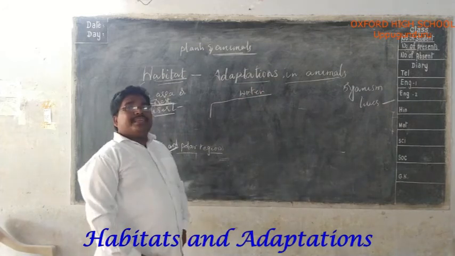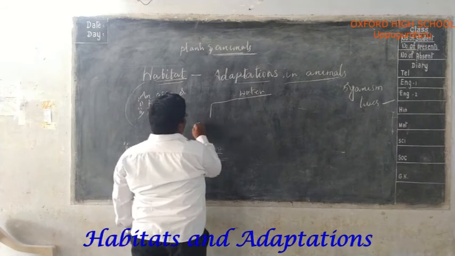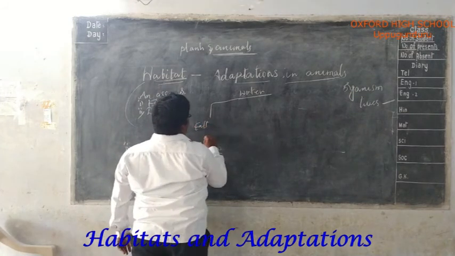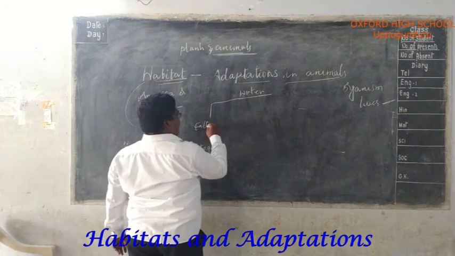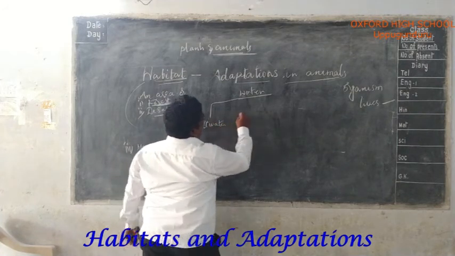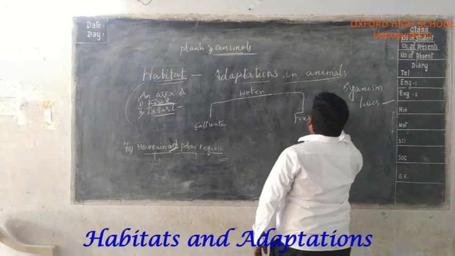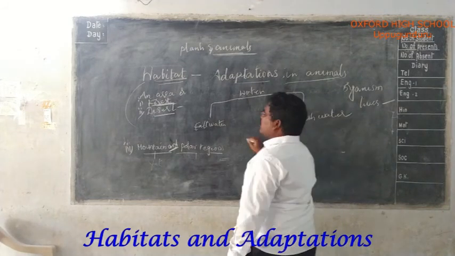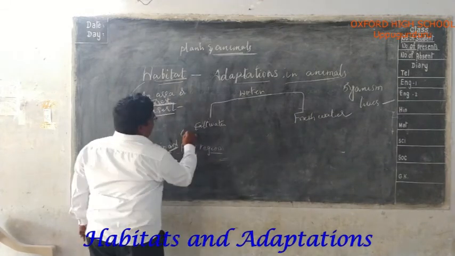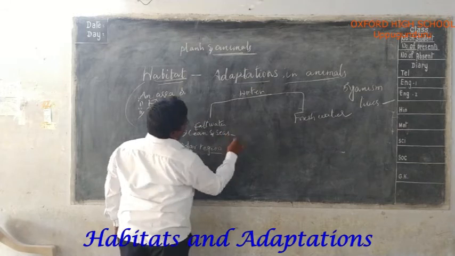The water habitat is divided into two types: salt water habitat and freshwater habitat. Salt water habitat examples are ocean and seas.